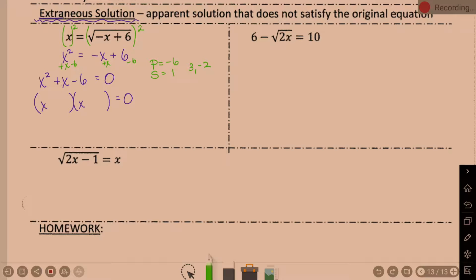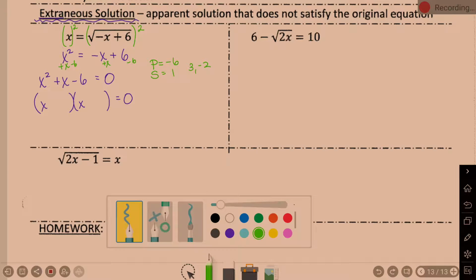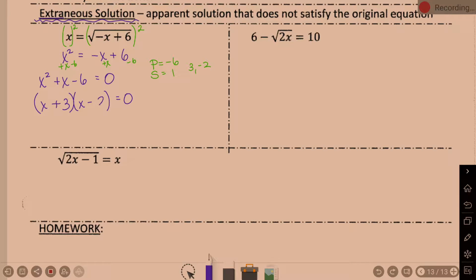3 times 2 is 6. Positive times negative makes it negative. And a positive 3, negative 2, yep. So put those in your parentheses. I'm going to have x plus 3 in one parenthesis and x minus 2 in one parenthesis. What's my final step for the solving portion here?